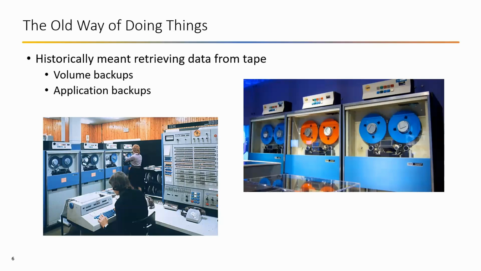Application backups were made to tape. Historically, that meant retrieving everything from tape. Tape systems got smarter. It was nice when they were feeding themselves; you put a reel on and it fed itself into the system. They evolved, but that was how things were done for a long time, and in some organizations, they still use tape.